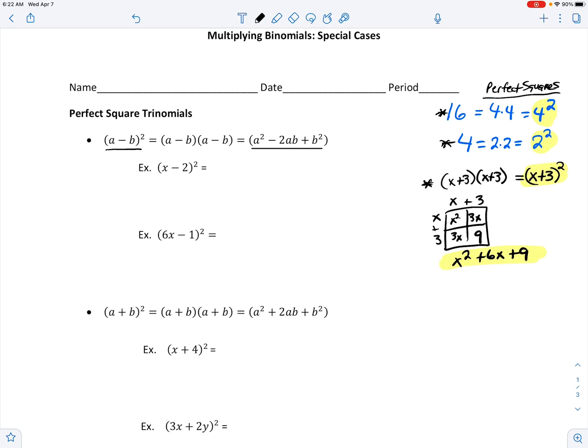Now, feel free to note that when we have this first example here, x minus 2 quantity squared, we can rewrite it as x minus 2 times x minus 2. And then you use your favorite method to multiply this out, whether that be FOIL, double distribution, or box method, right? You could do it that way. Or you could use this formula right here.